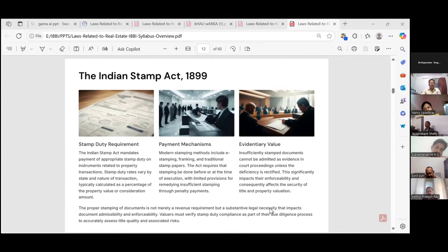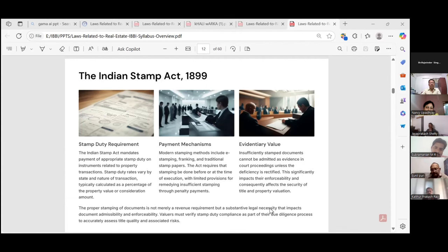If you have to check whether the property buyer has paid adequate stamp duty at the time of registration, and if it has not been done, it cannot be treated as evidence in a court of law. It can be treated as evidence in the court of law only when the deficiency in the stamp duty has been paid with penalty. You have to remember this.